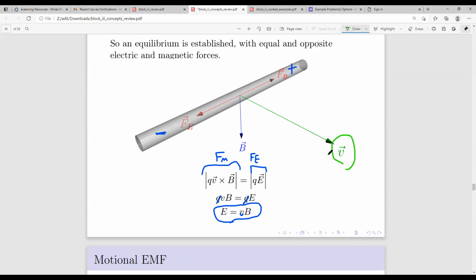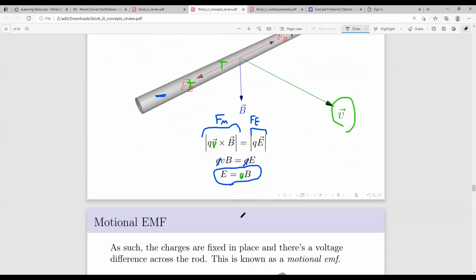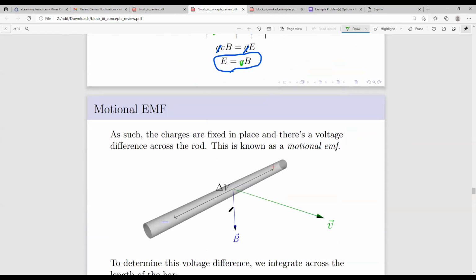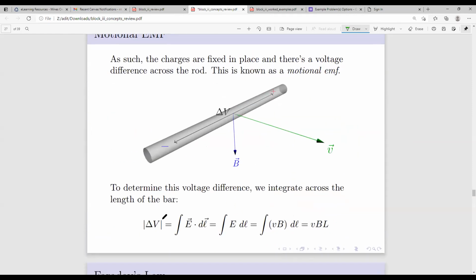And it's that green velocity because the whole entire rod is moving with that green velocity v, so those individual charges are moving along with the rod with that little velocity v. So this is the little velocity v in my E field expression, and then I can integrate my E field to find a voltage. So big V for voltage is equal to little v velocity times B field times L.